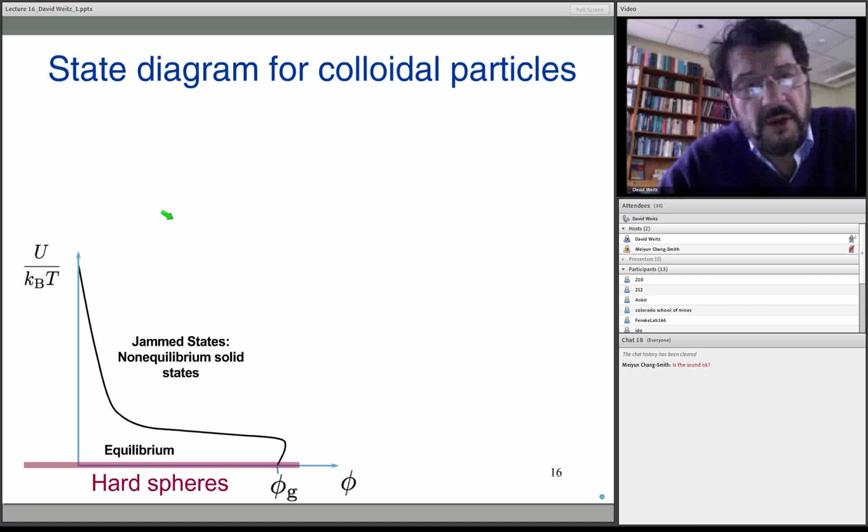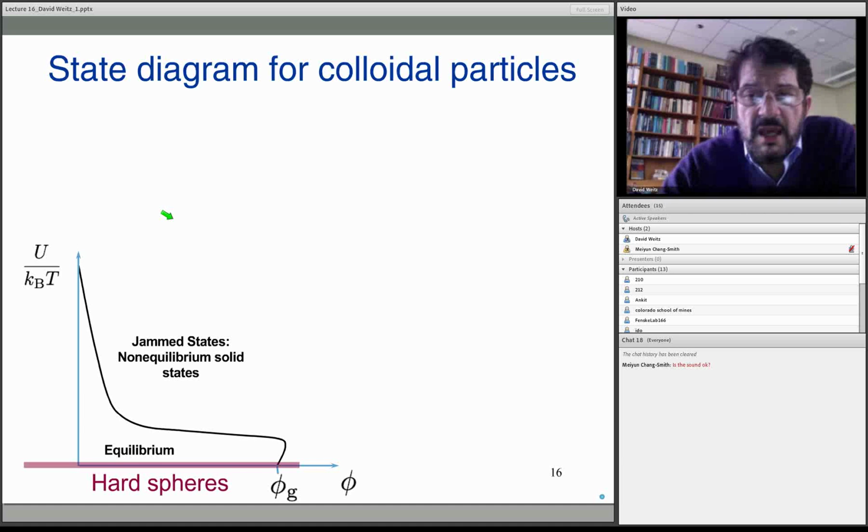We talked about both reaction-limited and diffusion-limited. In the case of reaction-limited, you had a barrier to sticking. Now I'd like to also generalize this, not only that there's a barrier, but also that the sticking doesn't have to be that strong. So the particles can stick to each other, but not with an enormous amount of strength to the bond. So let's consider a bond energy normalized to kT.